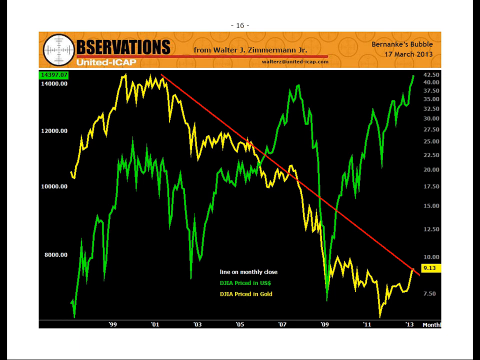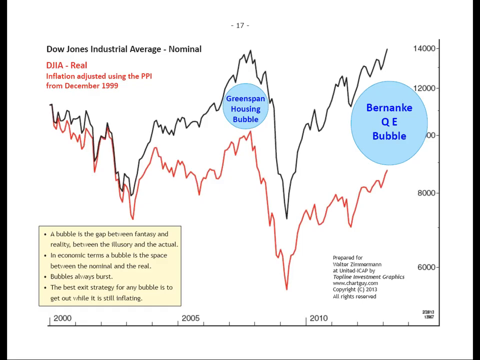Now, we can look at this a little bit more precisely here. Here, we compare the nominal Dow Jones Industrial Average, monthly average close in black, to the Dow adjusted for inflation using the producer price index.